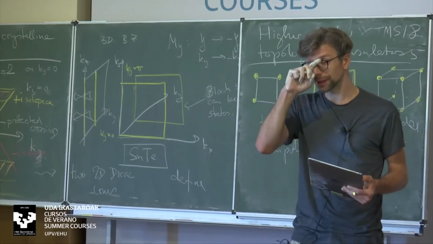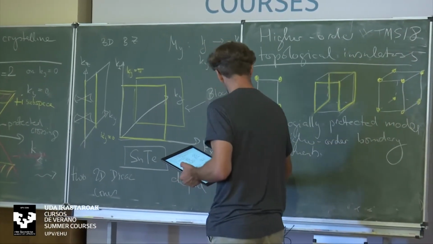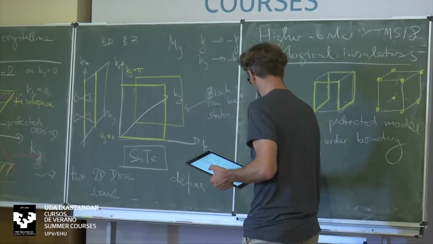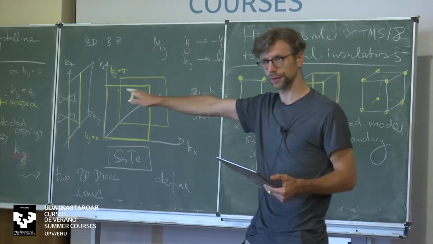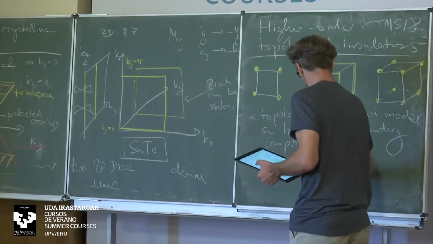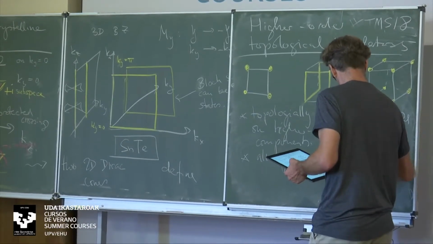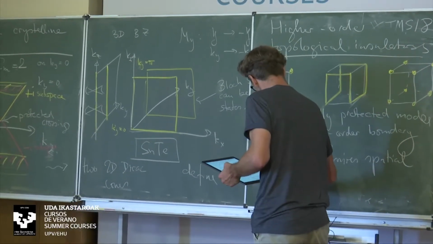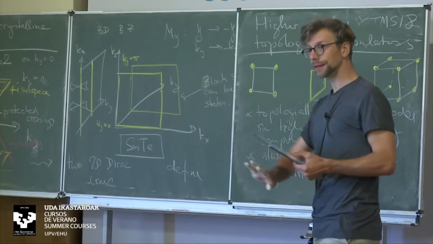And the general statement is that this always requires spatial symmetries to be protected. So these are always a subset, if you wish, of TCIs. Okay, so that's the general setup.